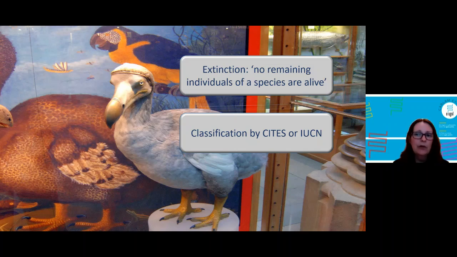But it wasn't just the action of sailors who were visiting Mauritius, it was also the rats on the ships as well. When they left the ship, when they reached the land of the islands, they took the eggs of the dodo and ate them, and they also ate the young of the dodo. So there was quite an impact on that particular species at that time.